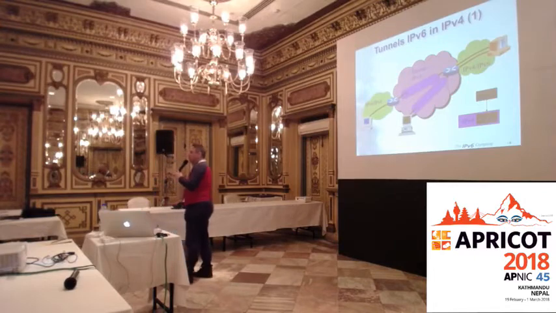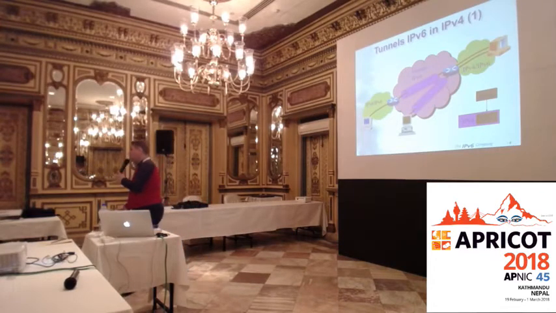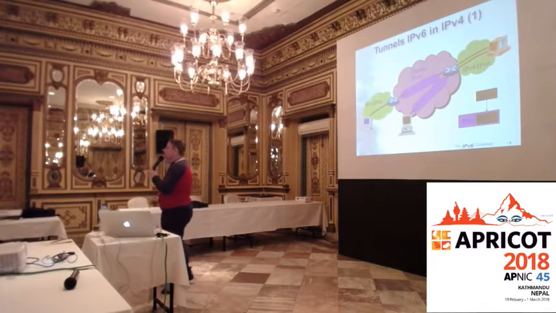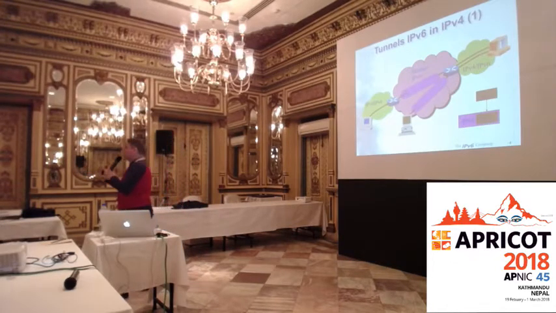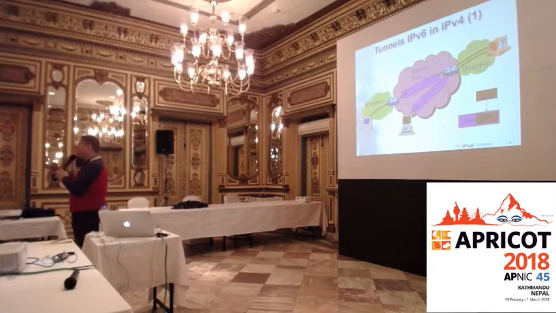So the simplest way is setting up an IPv6 in IPv4 tunnel, which basically means we have the IPv6 header with an IPv4 header before. So the IPv6 packet becomes the payload of the IPv4 one.